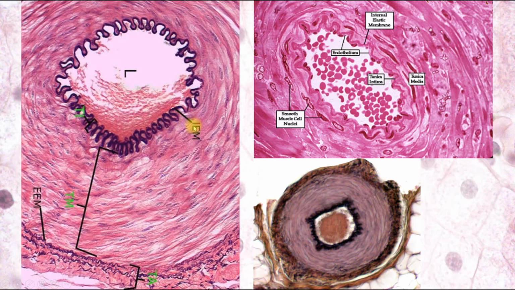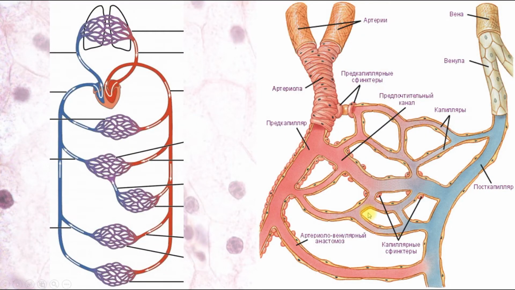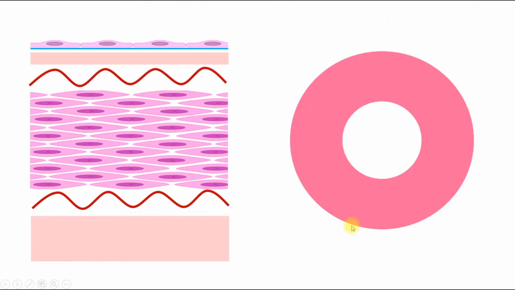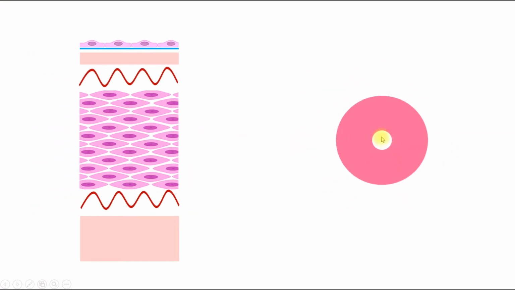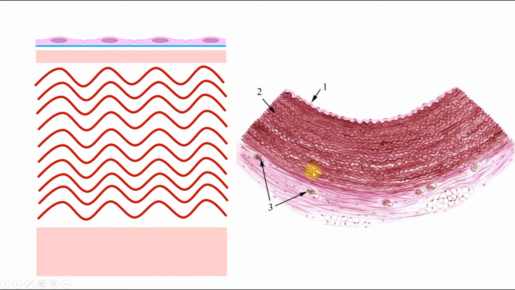Here we can see the structure of muscular arteries, inner and outer elastic membrane, and between them you can see a powerful layer of smooth muscles. They regulate blood flow inside inner organs and before arterioles. So together with arterioles, they regulate blood flow in the capillaries. Here we can see contraction of muscles, and the diameter of the inner lumen is contracted and then it's dilated.